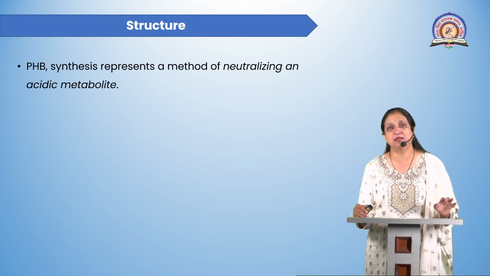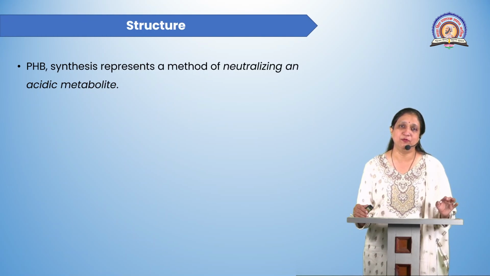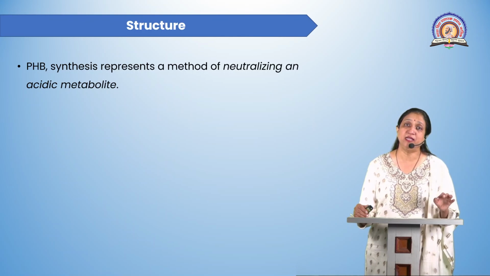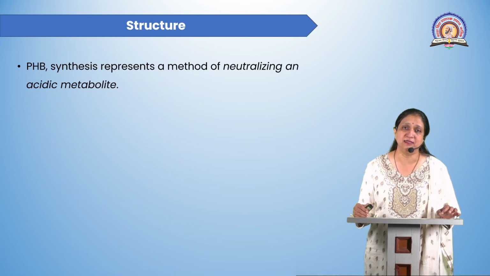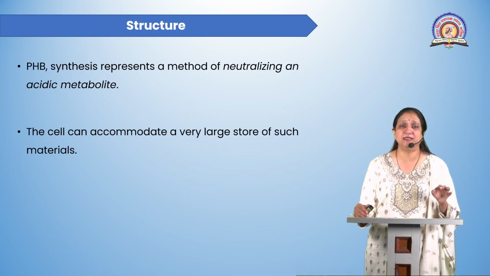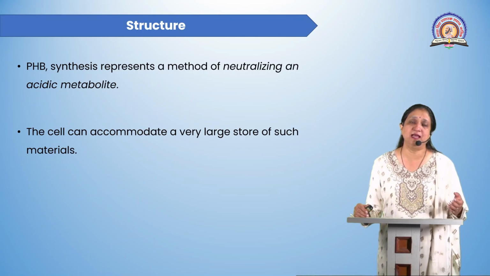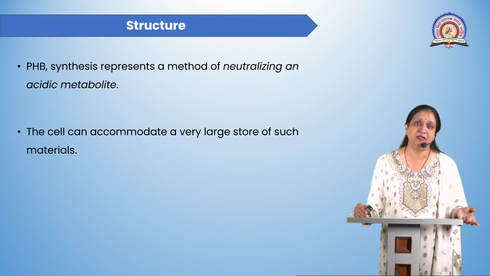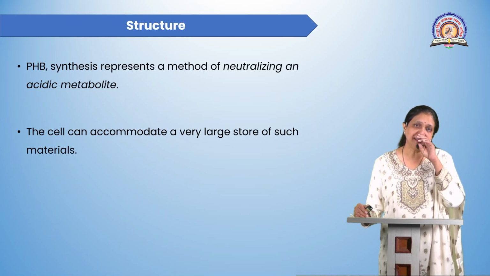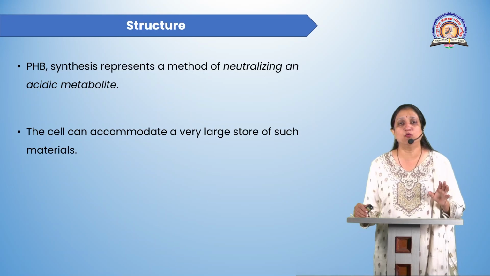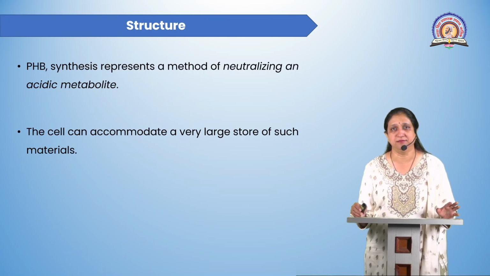Pyruvic acid gets converted to acetyl coenzyme A. Acetyl coenzyme A forms the butyric acid. Storing large amounts of butyric acid can increase the acidic content of the cell, which can be toxic to the cell, and therefore the cell can die. And therefore, the cell cannot accommodate large volumes of butyric acid.